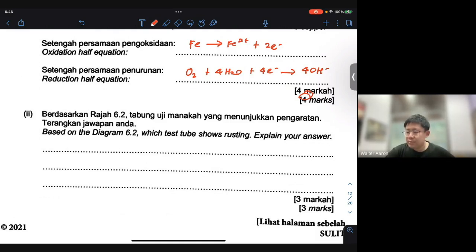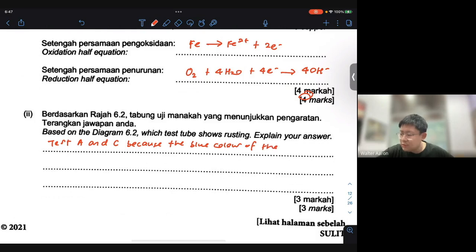So you put here: test tube A and C, because the blue color of the solution proves the existence of Fe2+ in the solution.